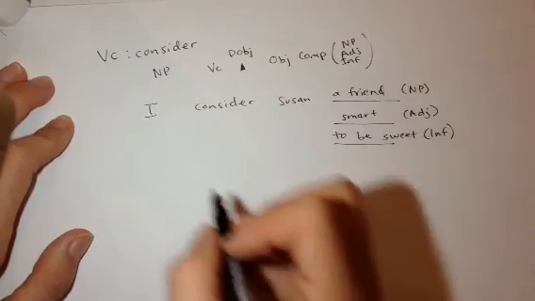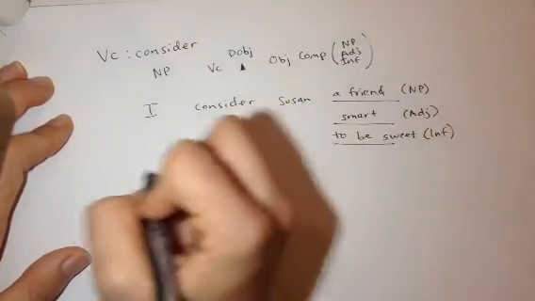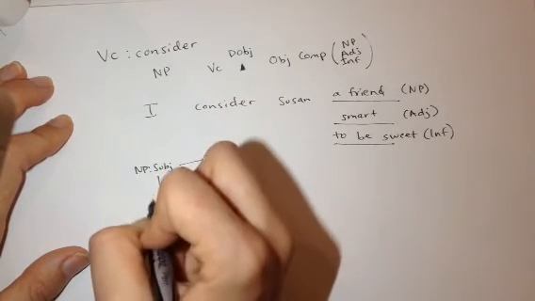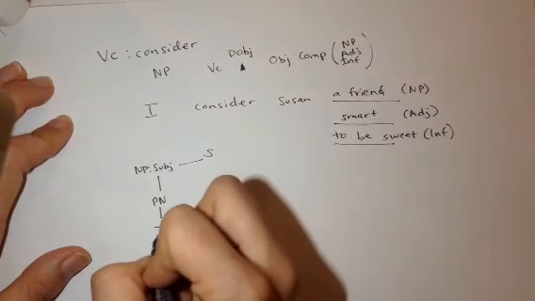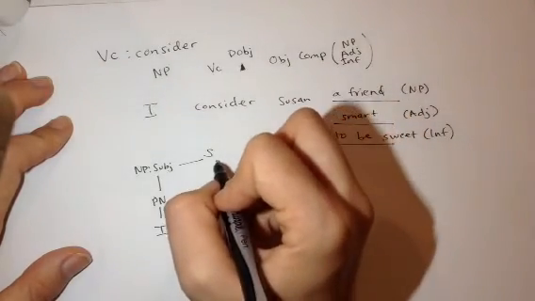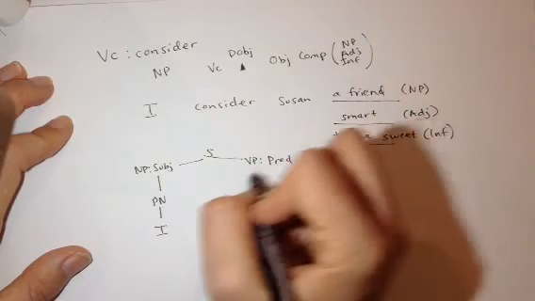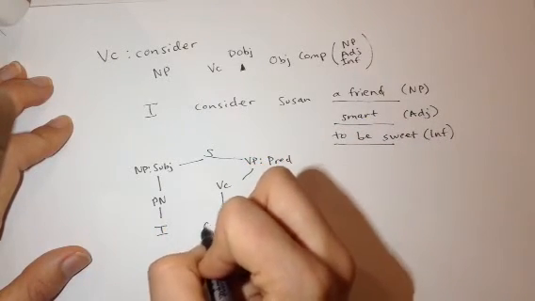All of these are going to start the same way. I'm going to have a sentence, noun phrase subject, pronoun. I'm putting PN because I is a pronoun, so get in the habit of using pronoun if you can. Then we're going to have verb phrase predicate. We're going to have VC, consider.